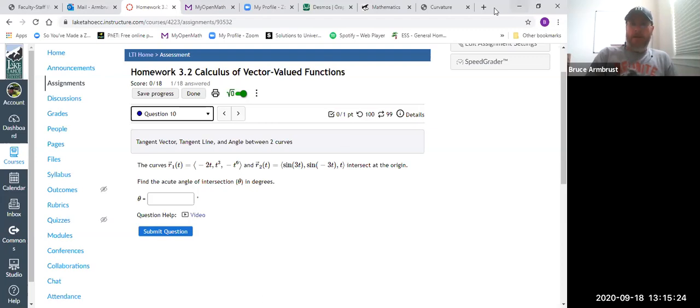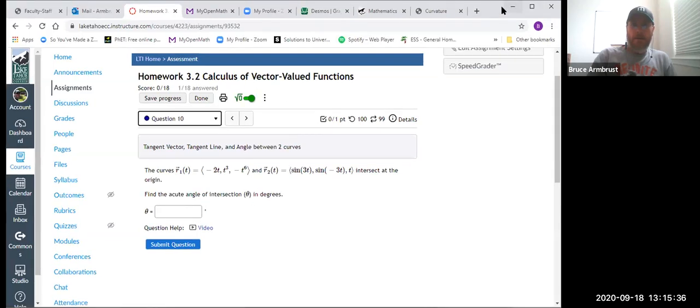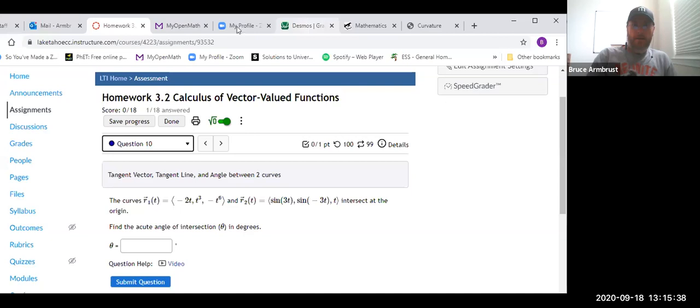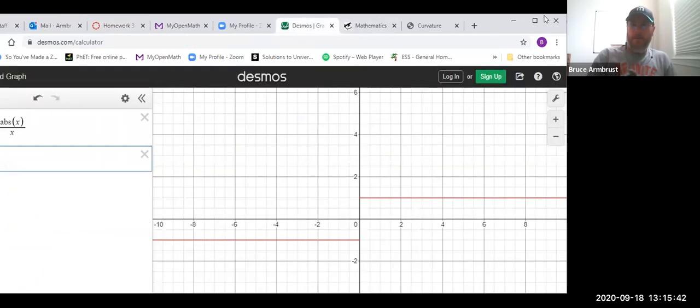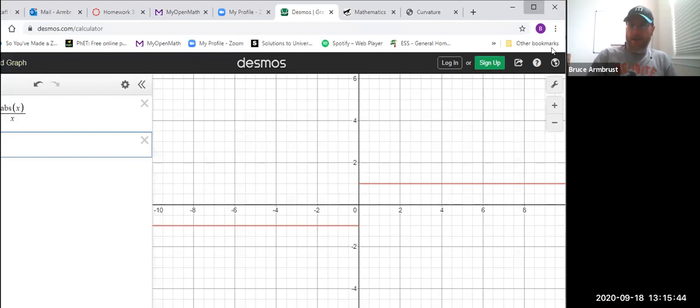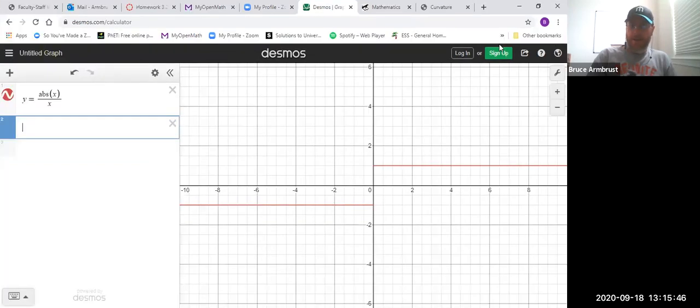All right, so I'm going to change my window up here, hold tight. Go back up to Desmos here. And I apologize for moving it around. I've got other Zoom features up on my screen I have to avoid.